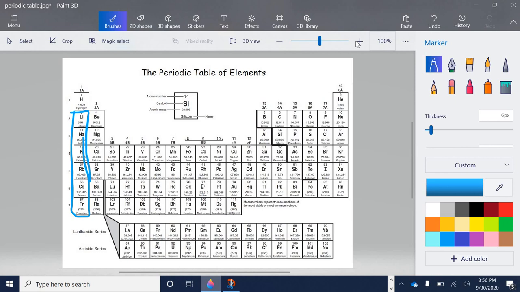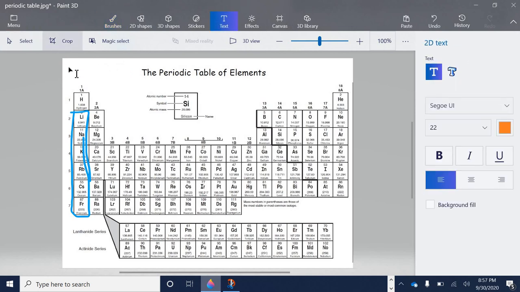Hydrogen is not, because it's not a metal, but all of these in group 1, except for hydrogen, are alkali metals. And I learned my lesson on that. Let's just go ahead and write that with the pen, or sorry, with the text box tool. Alkali metals, and I'm going to color code these light blue.